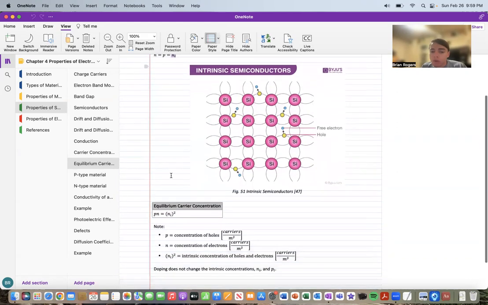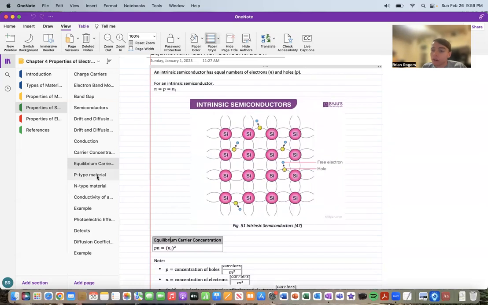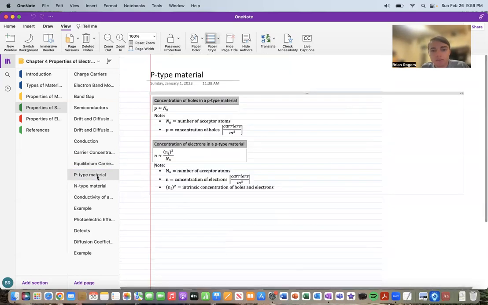Because they're at the same amount, p times n is going to equal n i squared. So this is the equilibrium carrier concentration, because there's the same amount of holes as electrons for intrinsic semiconductors.